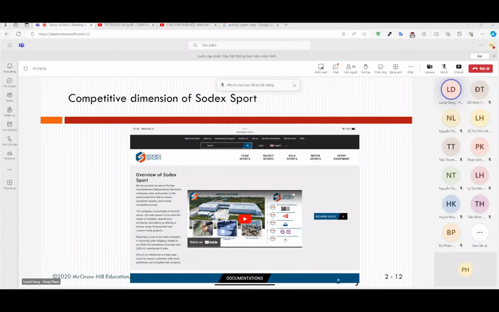For example, now we move to the next slide. Competitive dimension of Sodexport. Sodexport is a manufacturer of sport equipment. So according to you, what is the competitive dimension of Sodexport? The competitive dimension of Sodexport is first of all the cost or price.